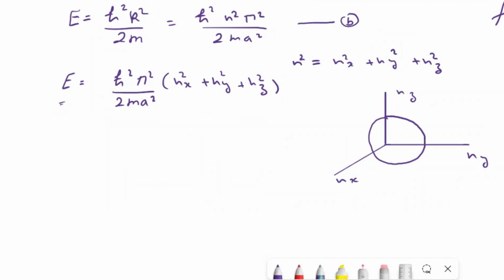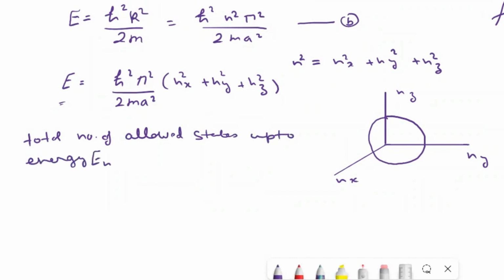Now, the total number of quantum states up to energy En will be the volume of the sphere, considering only the positive coordinates. The positive octant is 1/8 of the volume of the sphere, because we are considering only the positive values.